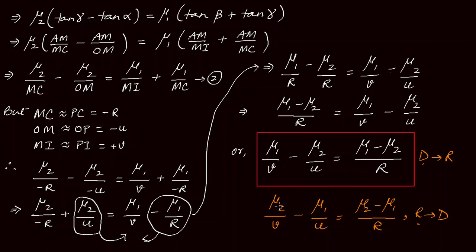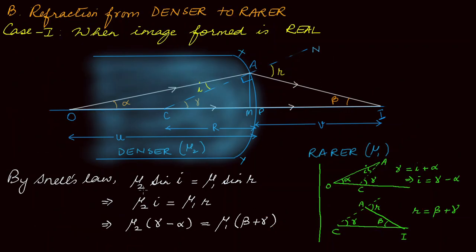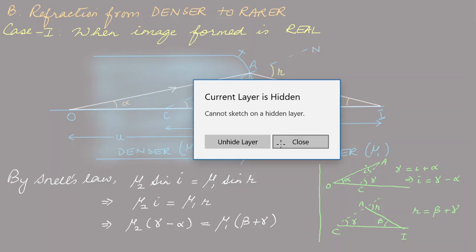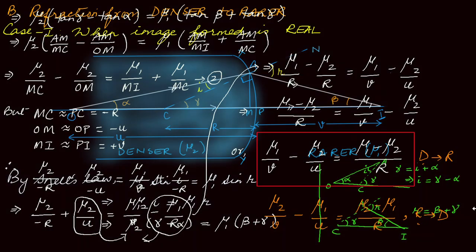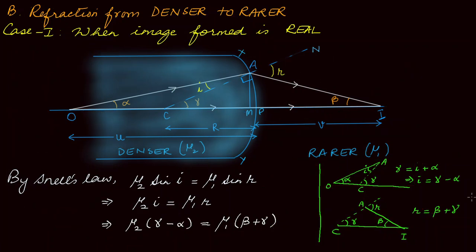Why do the refractive indices interchange places? It is because now the light has reversed in its direction. You will see here, this is where the change happened.